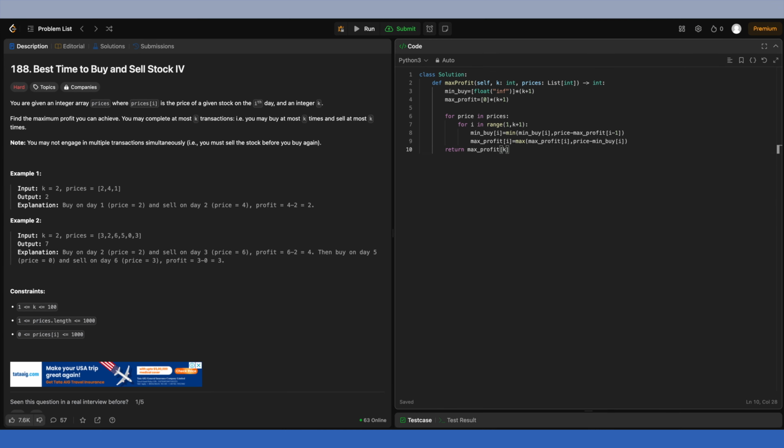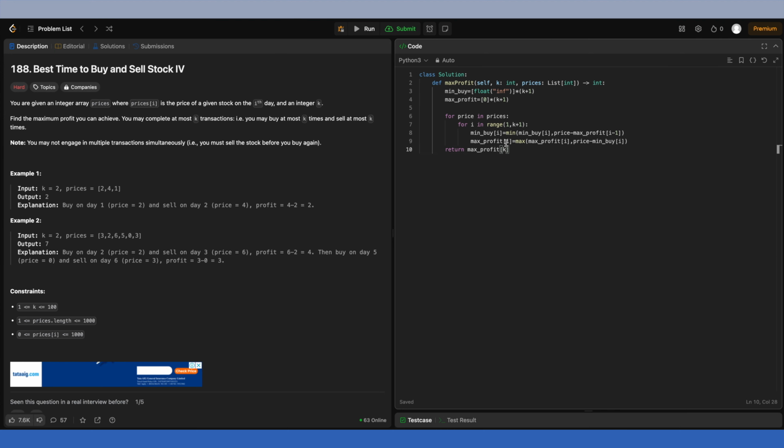So for price in prices, for i in range 1 to k plus 1: minimum buy of i is the maximum of itself and the price minus the maximum profit made on the previous transaction.